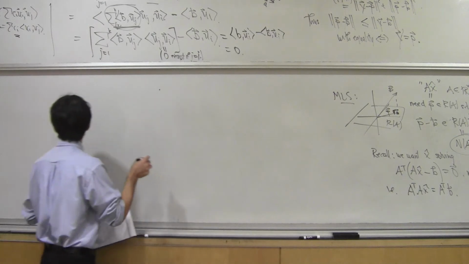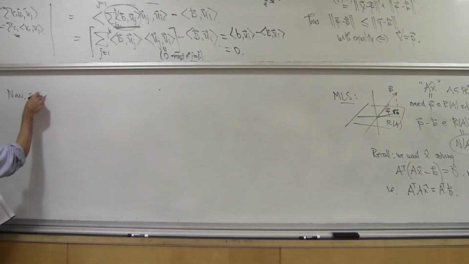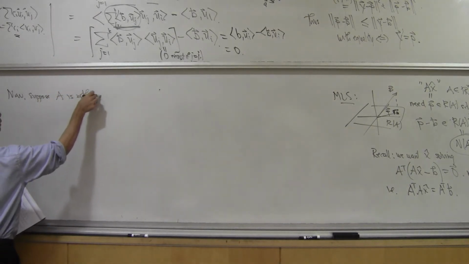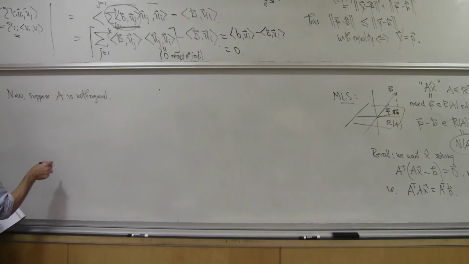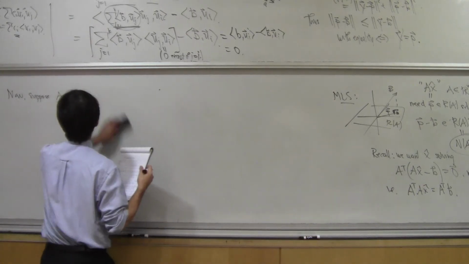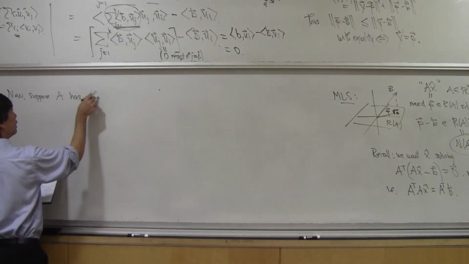Okay, so now let's think. Suppose that A is orthogonal. Well, actually, maybe I shouldn't say that because it's not square. So let me say, suppose A has orthonormal columns.